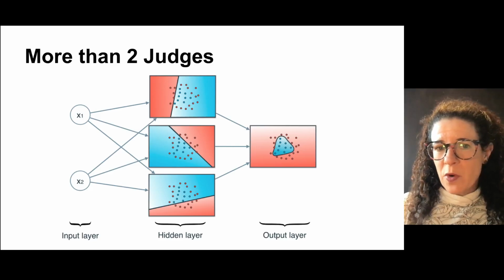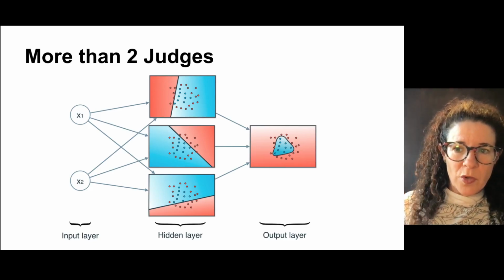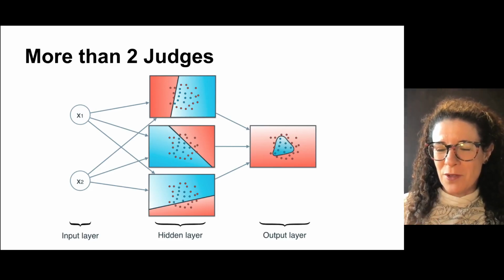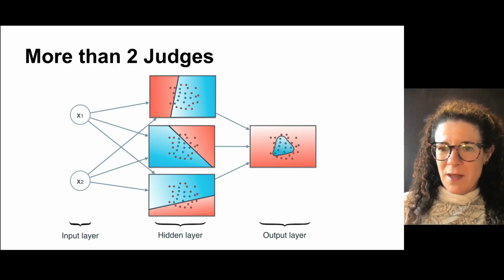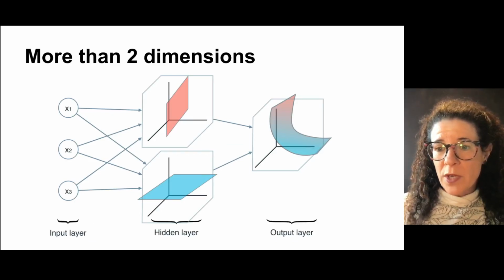Now, you can have more than 2 judges, you can have 3 judges. So the hidden layer can have more than 2 neurons. This is what these judges are called, neurons. You can also have more than 2 input variables. So you can have as many variables as you want.